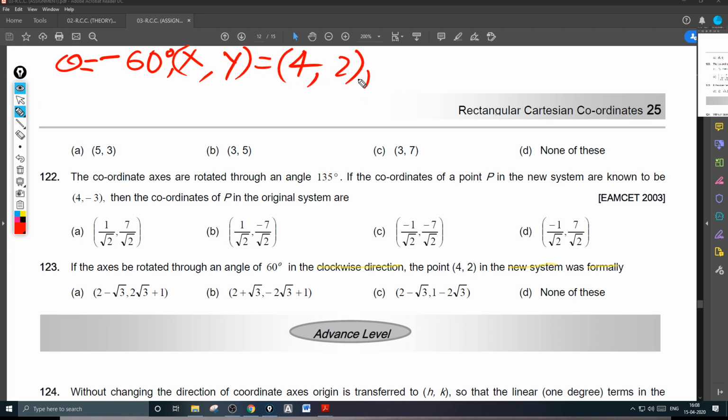You have to find out small x, small y. The only twist in the question is that clockwise is to be recognized as minus 60 degrees. You should not take it directly as 60. The rest is all the same as the previous problem.